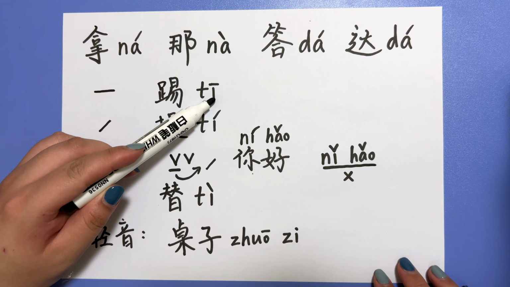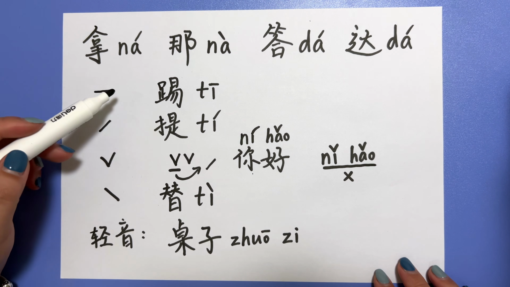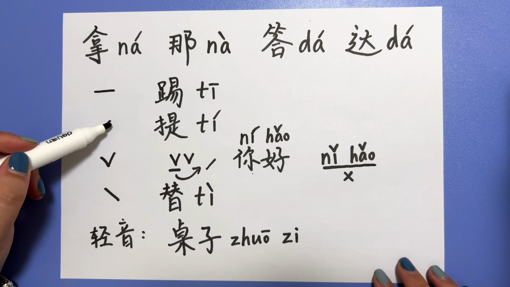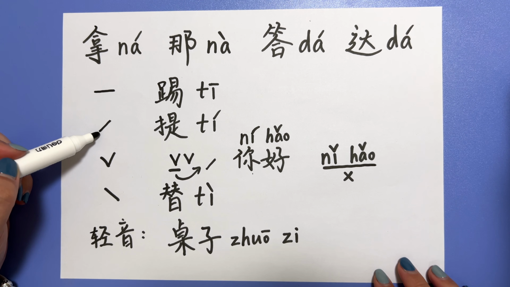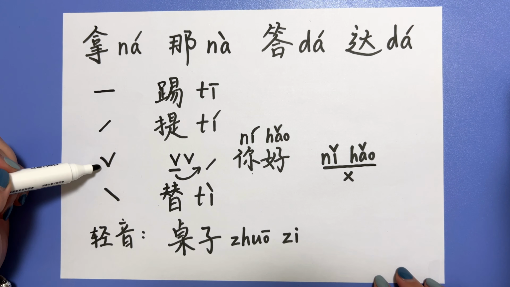You need to pronounce it relatively higher than other tones. The second tone is a low-high tone. It starts from a lower pitch to a high pitch, so it's a rising tone. The third tone is a low tone.